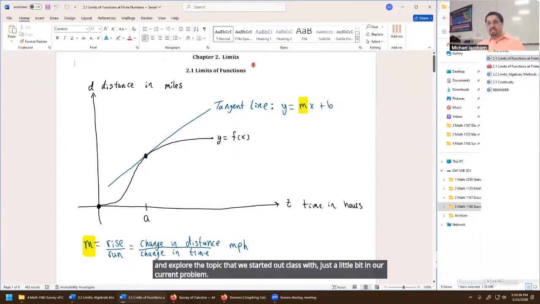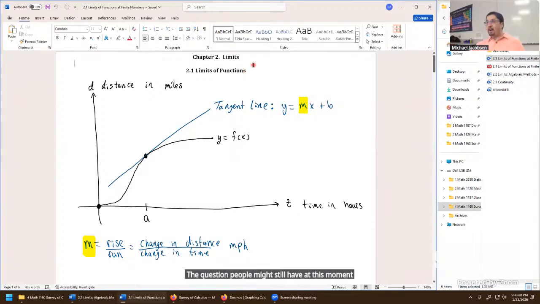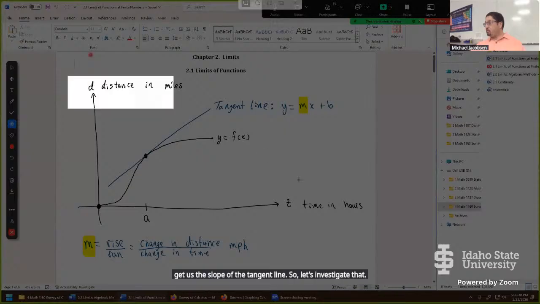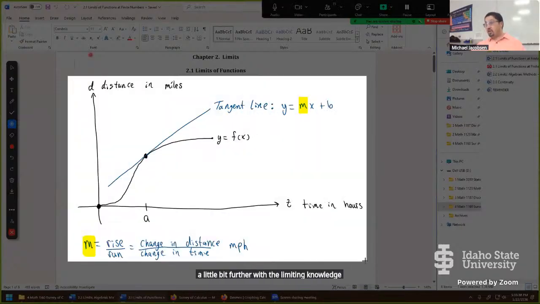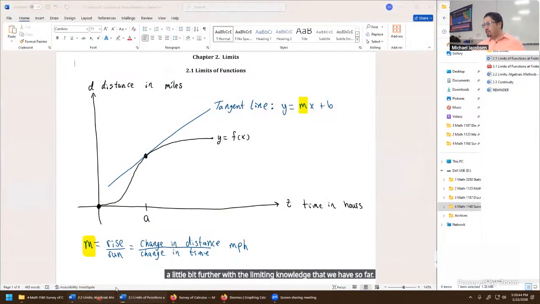The question people might still have at this moment is, how in the world does taking limits like the ones we've been doing so far get us the slope of the tangent line? So let's investigate that a little bit further with the limiting knowledge that we have so far. Let's put this back on our notes.